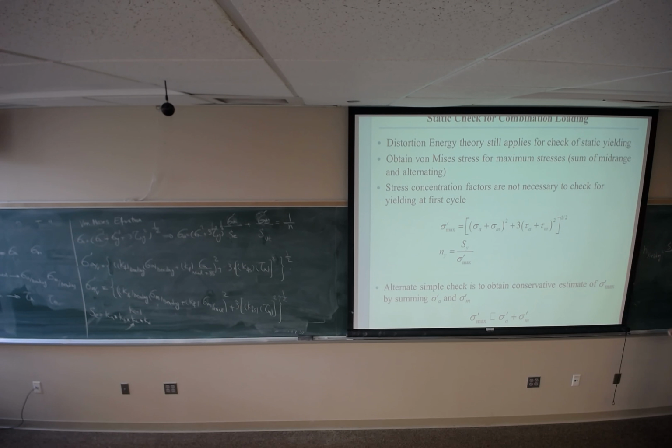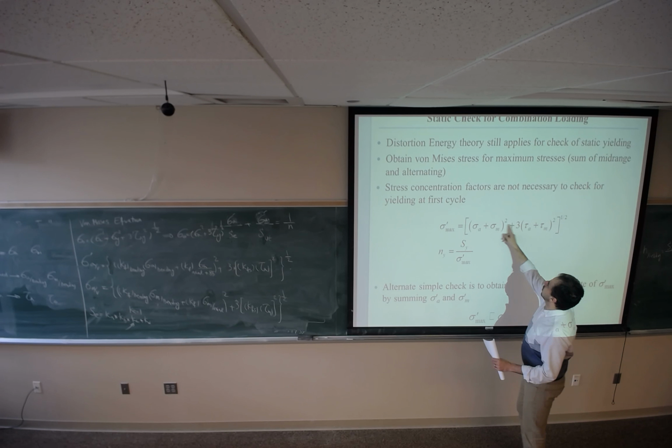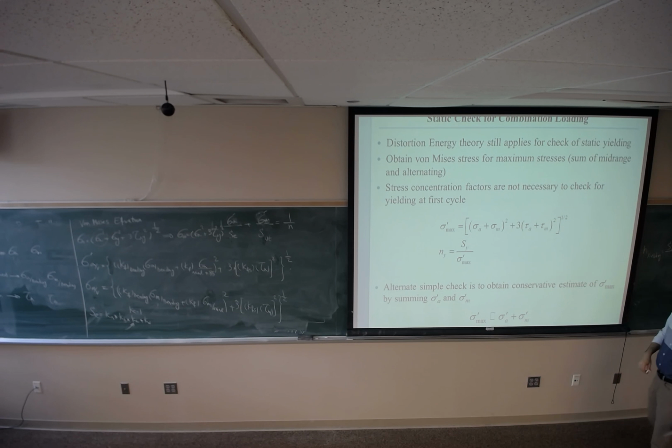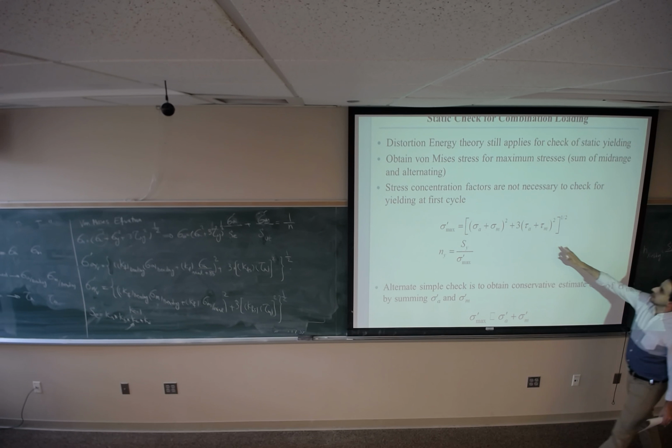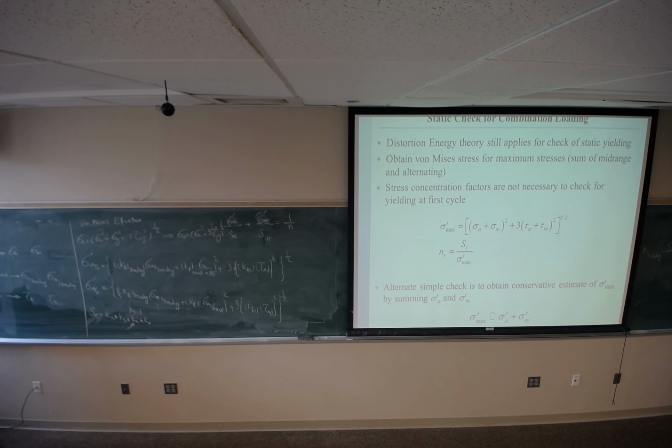So you have sigma prime A, you have sigma prime M, you can add them up squared plus 3 times these two squared. You find that term and you divide Sy by that one, and to find factor of safety for yielding.